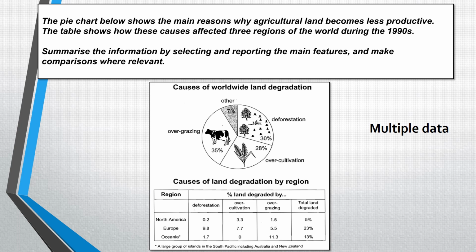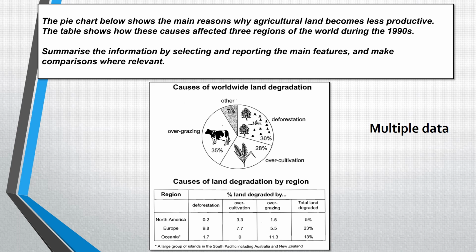Here we're looking at a multiple data task, as we've got both a pie chart and a table. So our opening statement here is, the pie chart below shows the main reasons why agricultural land becomes less productive. The table shows how these causes affected 3 regions of the world during the 1990s.